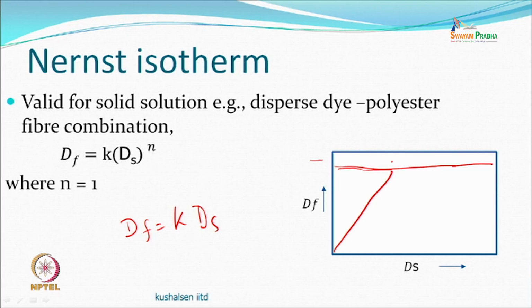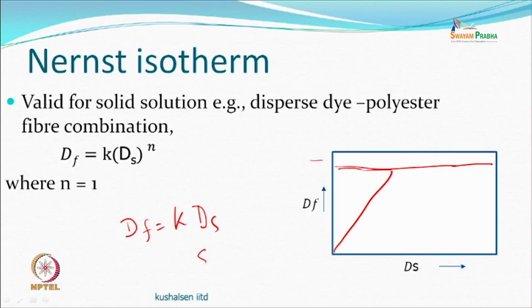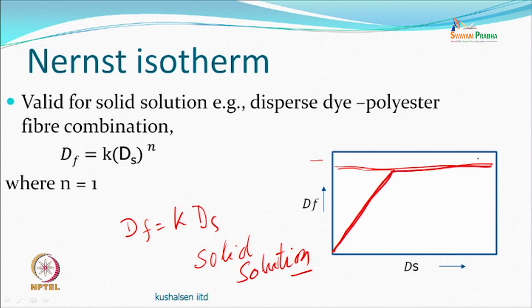Till that time it will keep going and follow the straight line, and this is what we call a solid solution. It will just keep following, and after that it will become flat.